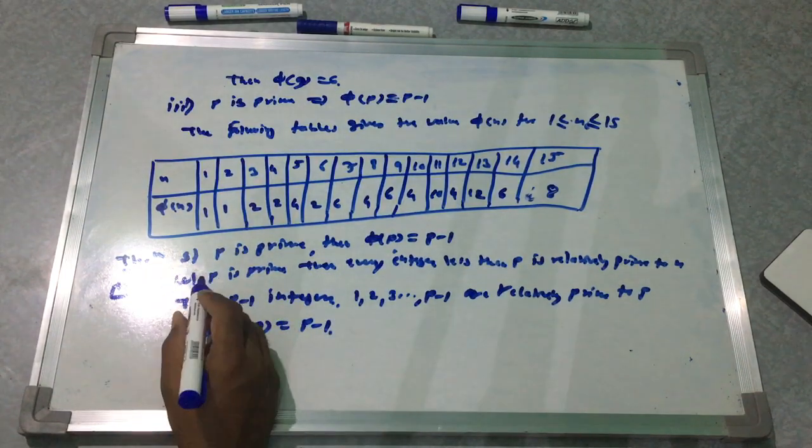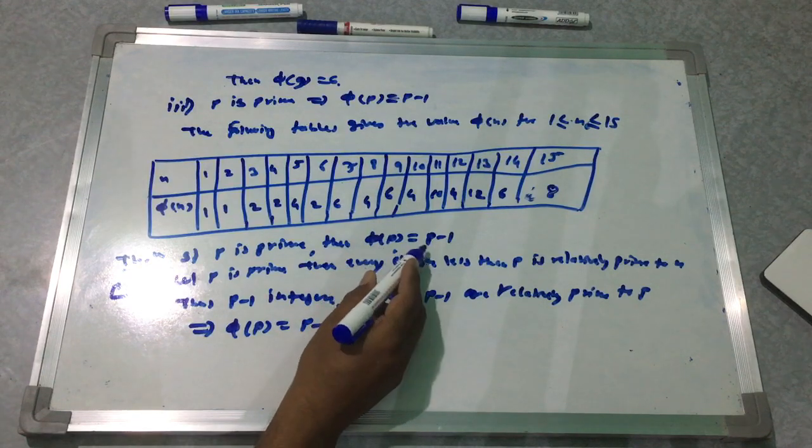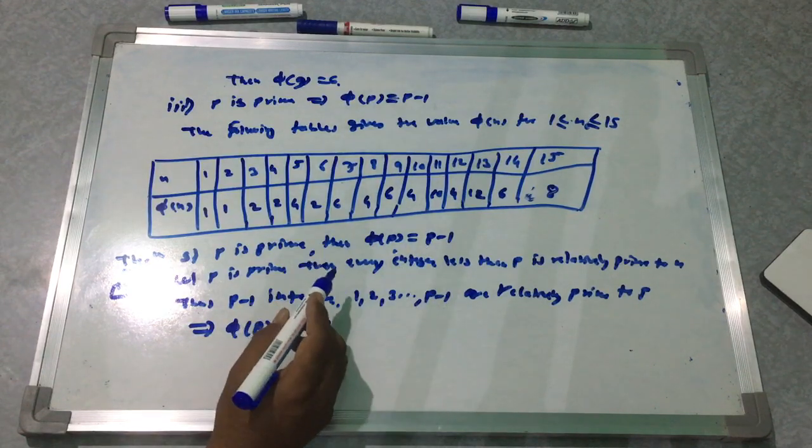So this is the theorem: P is prime, then phi of P is equal to P minus 1.